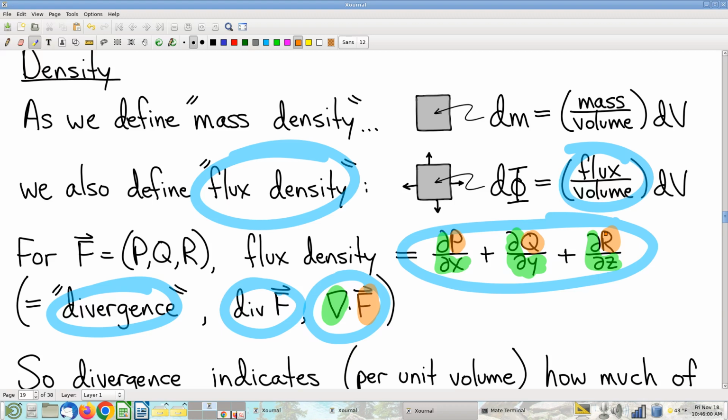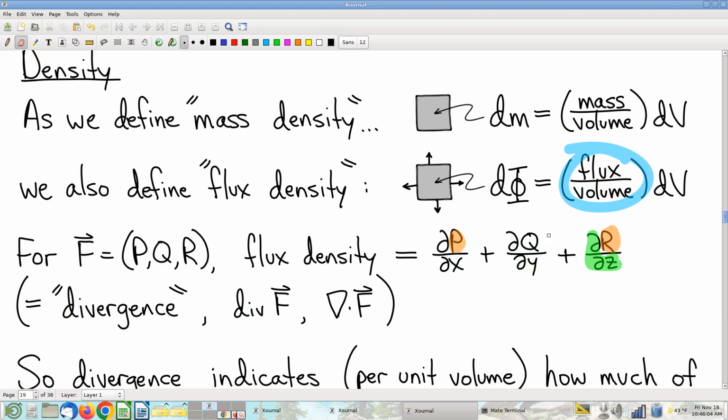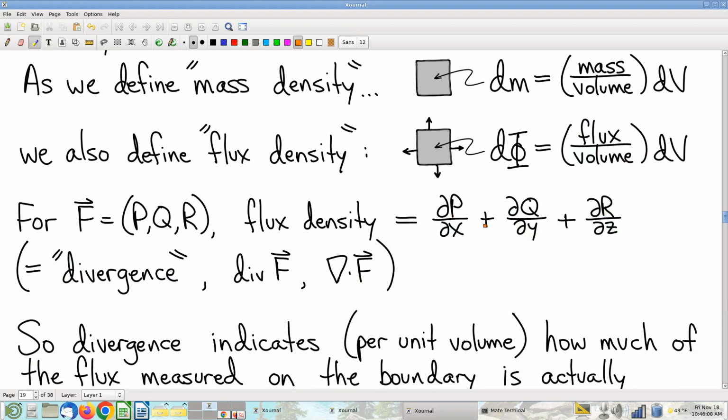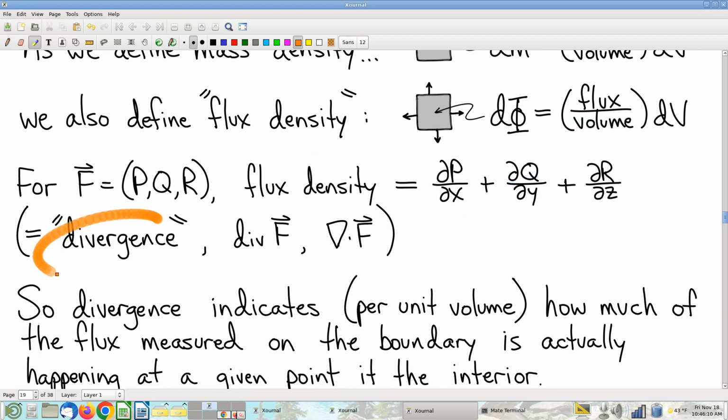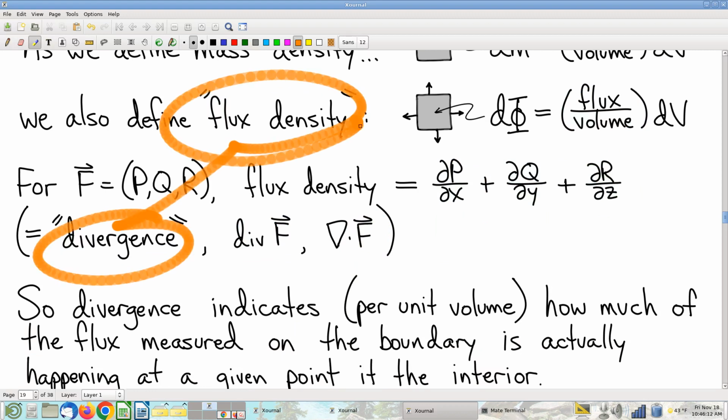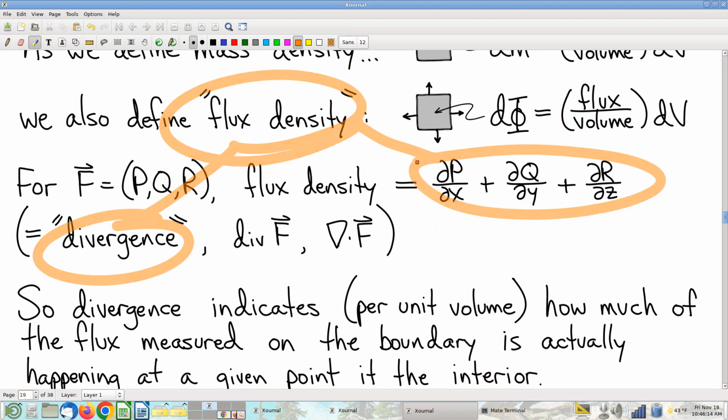We're all ready now to state the theorem. I'm not quite going to do it just yet. I want to point a little bit to this idea that divergence, aka flux density, aka this formula, is literally telling you, as it says right here, how much flux per unit volume is happening in a given location.